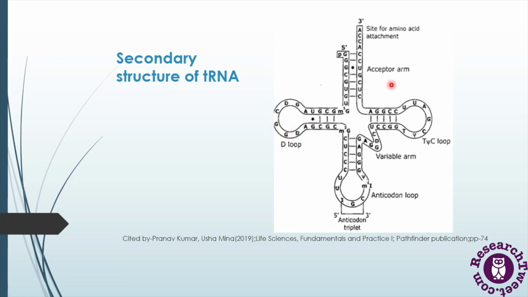The acceptor arm is where the amino acid attaches, and the D arm has a loop which has the unusual pyrimidine nucleotide dihydrouracil, and these unusual nucleotides indicate the unique structure of tRNA. The TΨC arm of tRNA consists of ribosome recognition sites, and the anticodon arm or anticodon loop has anticodons which join with the codons of mRNA during translation.